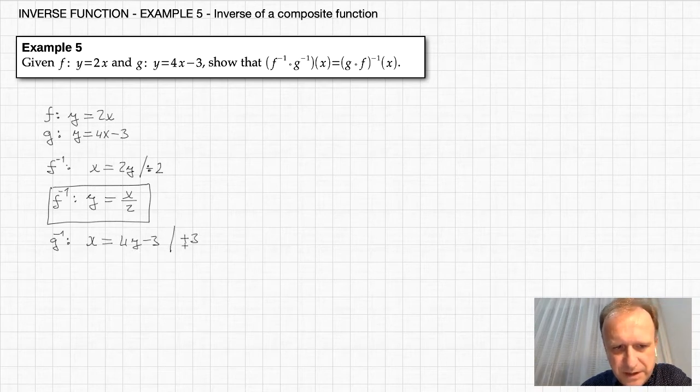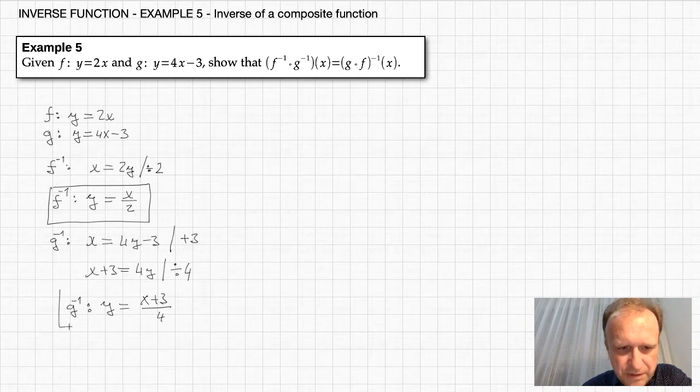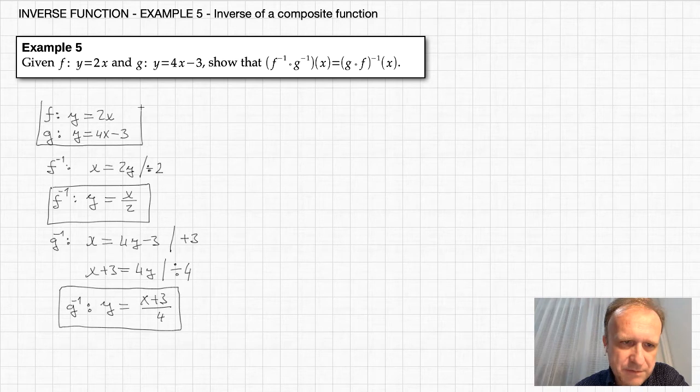So I add 3 to get x plus 3 equals 4y, and now divide by 4 to get the answer, and the answer is going to be y equals x plus 3 over 4. And this is the inverse function of g. Again, let me place it into a box like that. So here we have the original two functions, boxed like that, and here are their inverses.